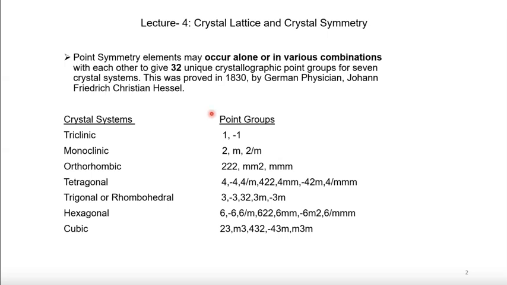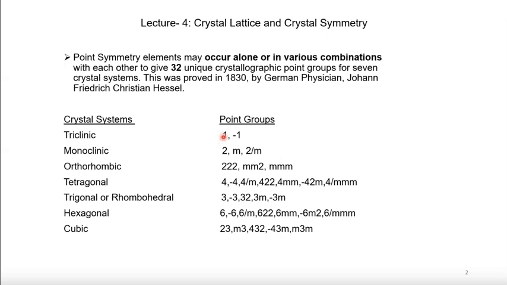That's what the last sentences were in the third lecture. Well, you see, we have 7 crystal systems, as you know very well. The point groups of those 7 crystal systems are derived mathematically and it was found that each system has definite point groups.